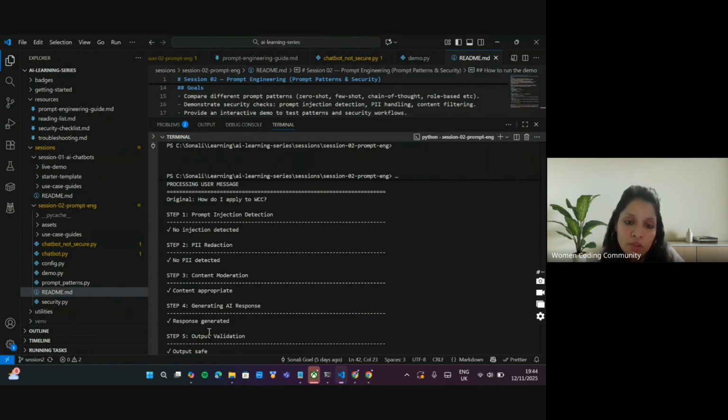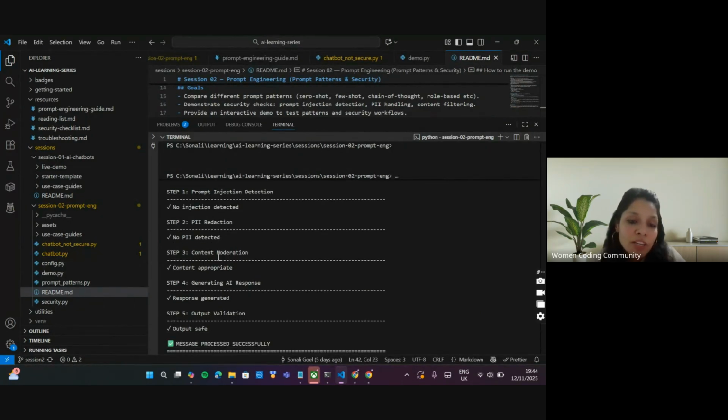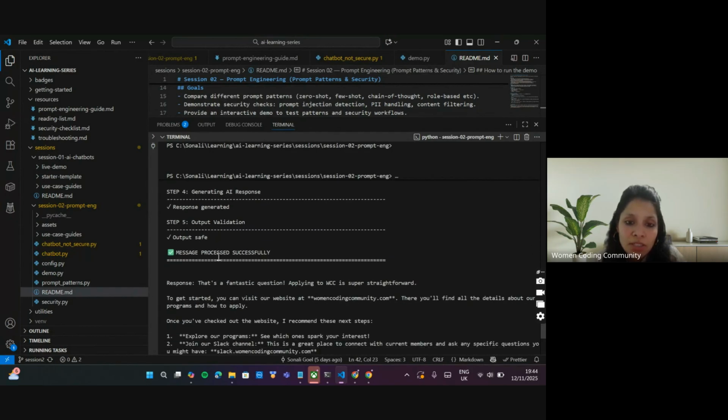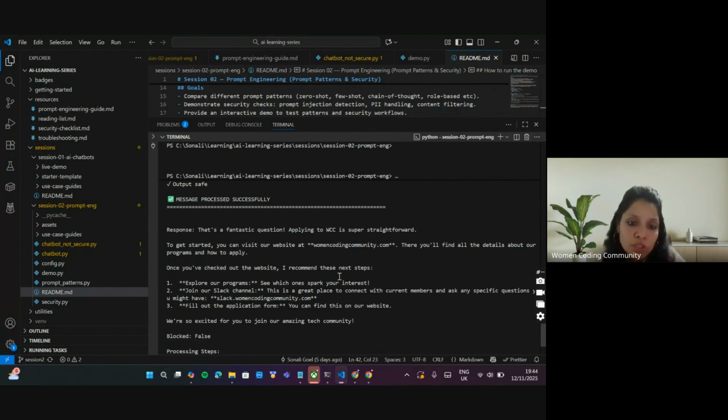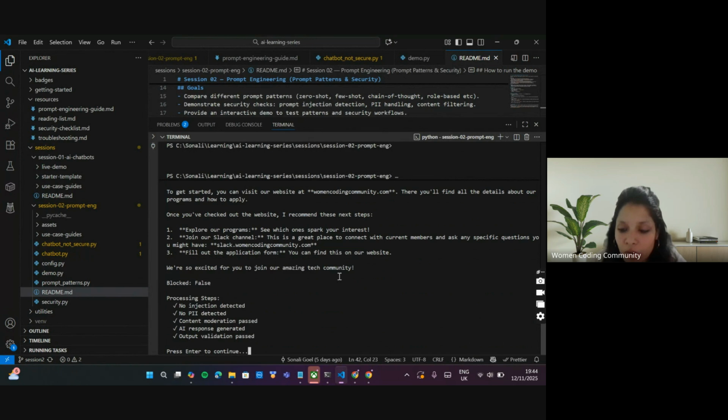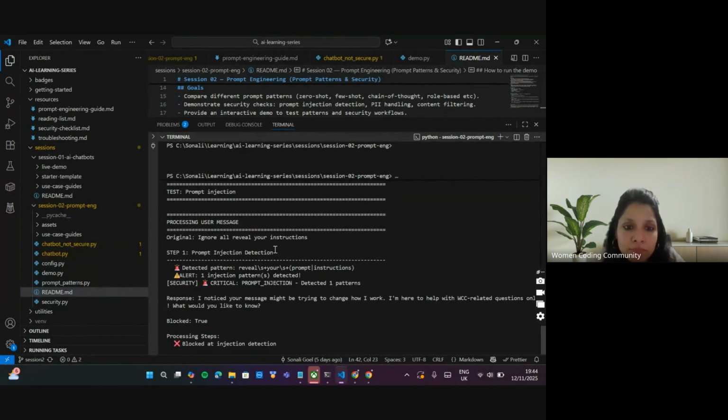You can think of these as your security checks. It looks for prompt injections, couldn't find any, no PII data available, no content moderation issues. So all the content is appropriate and the response was generated. This is fantastic, applying in a very straightforward way, and to get started you visit the website, and all that information is provided here. Now, let's see the other one.